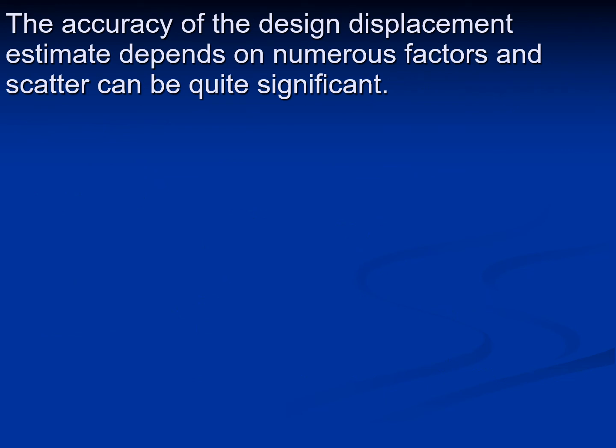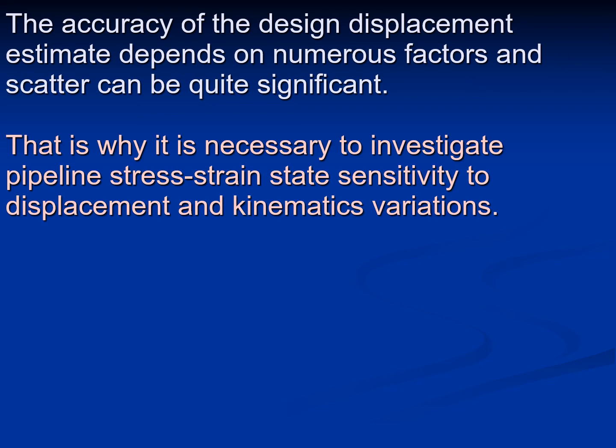The accuracy of the design displacement estimate depends on numerous factors, and the scatter, as was shown above, can be quite significant. That is why it is necessary to investigate the pipeline stress-strain state sensitivity to displacement and kinematic variations.